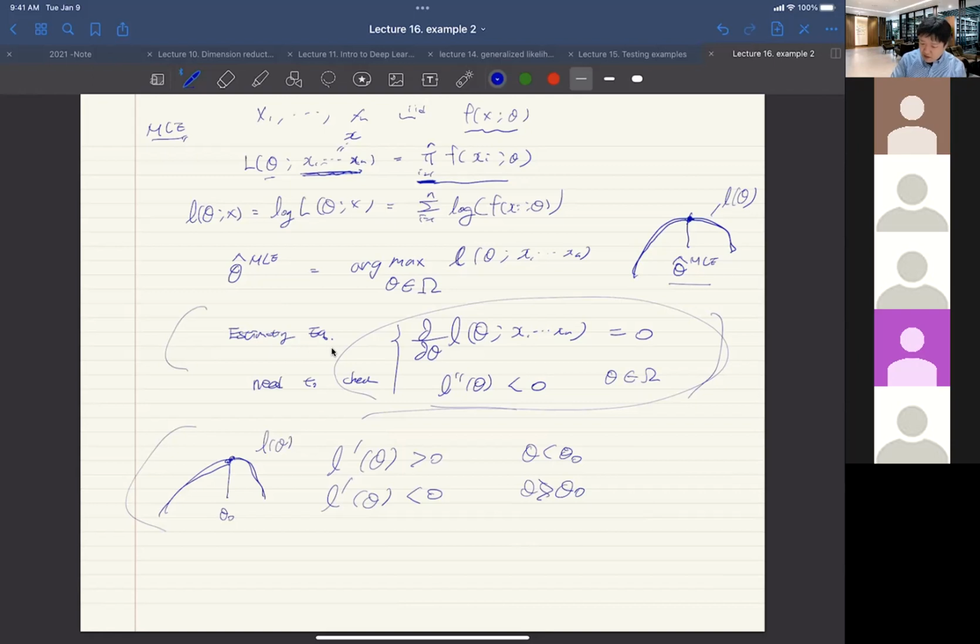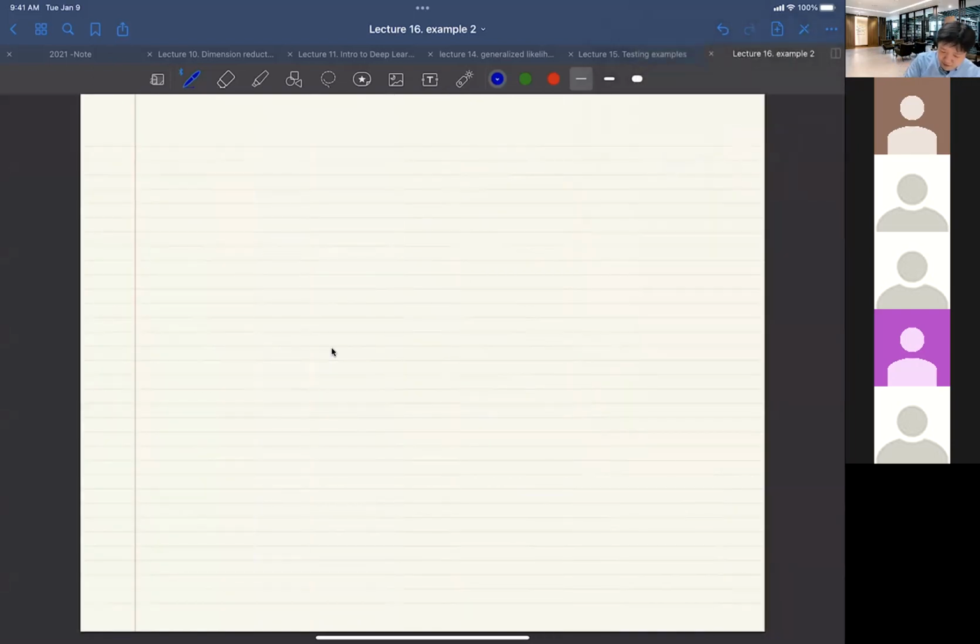Okay, so this is the MLE, and the MLE also has some very nice properties. Before that, you need to remember the information.